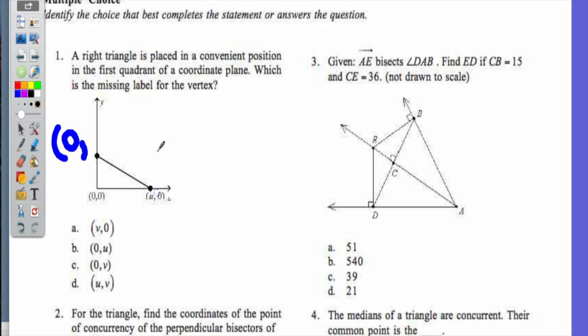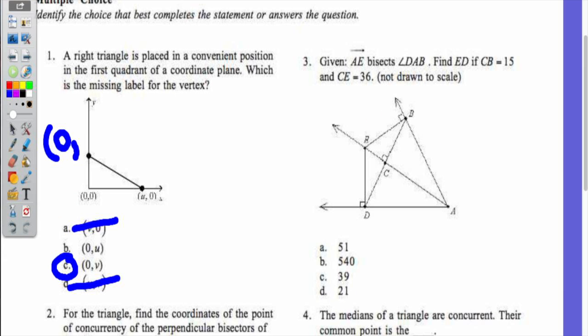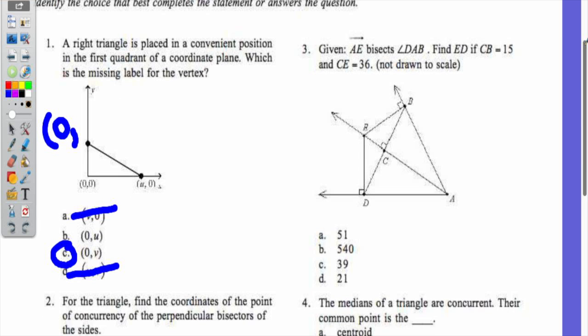What you would not want to do is use a variable you've already used. You wouldn't want to use u because you've already used it. And it doesn't even look like this length and this length would be the same. So in this case, you're picking from 4 choices. It's not going to be A or D because neither of those have an x value of 0. You've already used u, so the only one that makes sense to use of the 4 choices is 0, v.